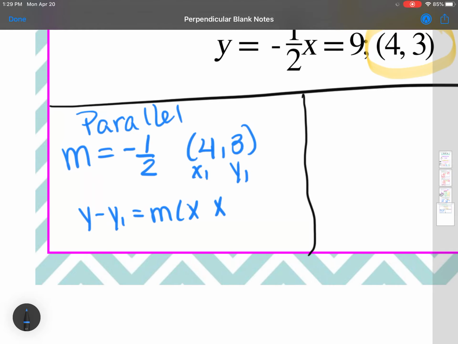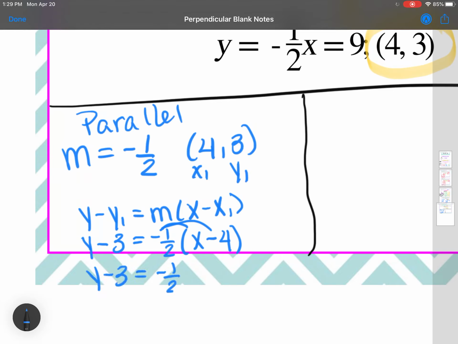If I can get my pen to write, I'll plug everything in. Y minus 3 equals negative 1/2 times x minus 4. I will distribute. Y minus 3 equals negative 1/2 x. Negative 1/2 times negative 4 plus 2. Last step, I'm going to add 3 to both sides.